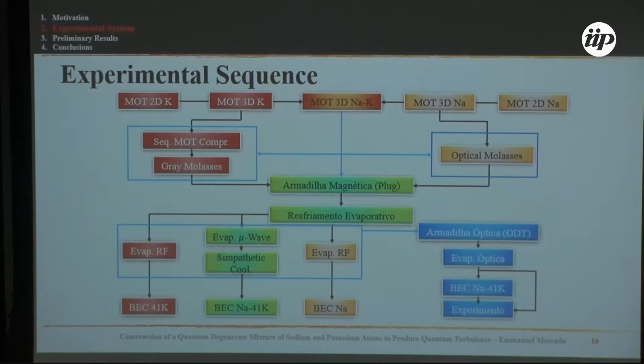And we are planning to do the same with the sodium atoms. In this stage, we are able to load a very cool sample of both species into the magnetic trap, in order to maximize the number of particles that we need to store for the evaporation process.